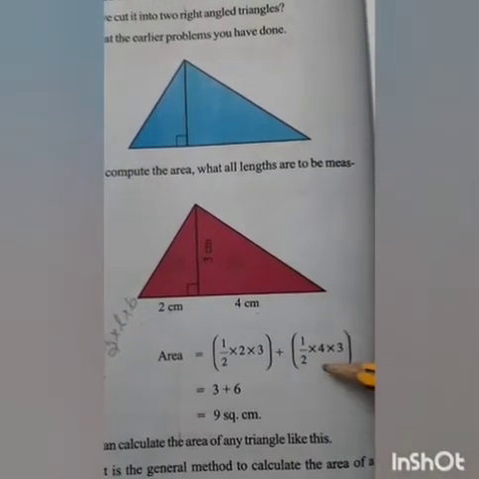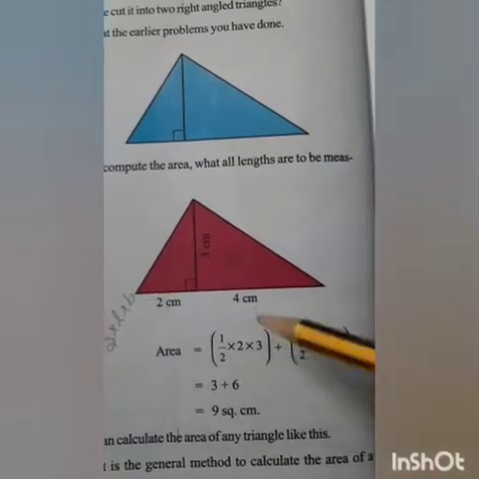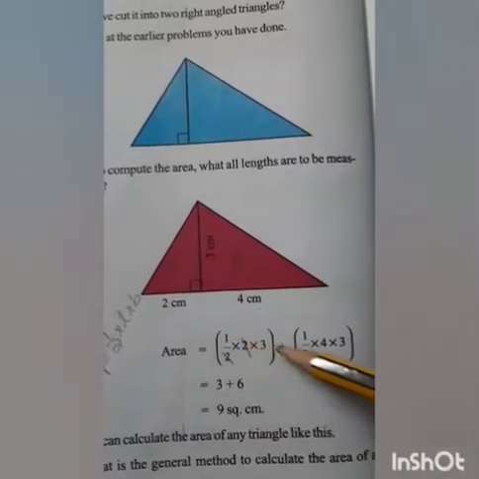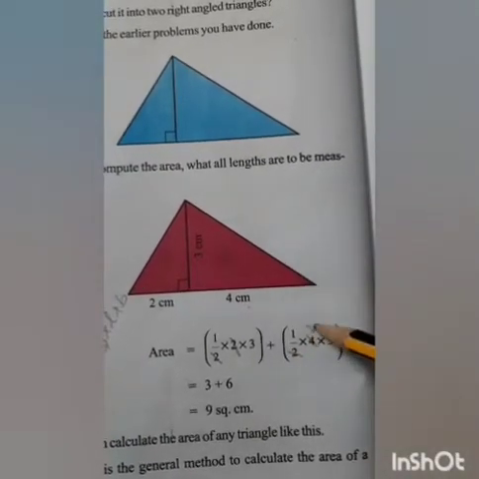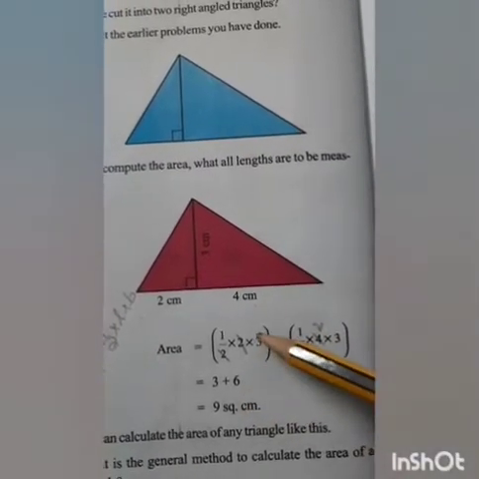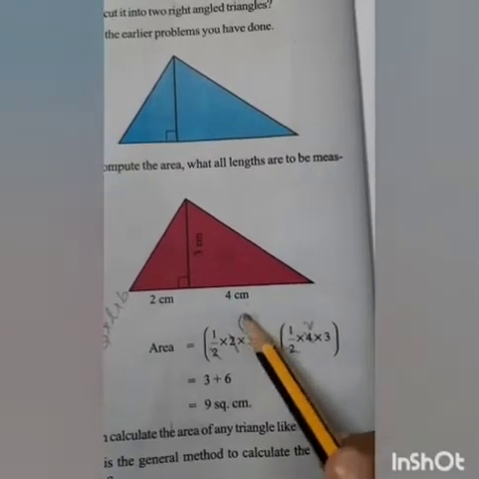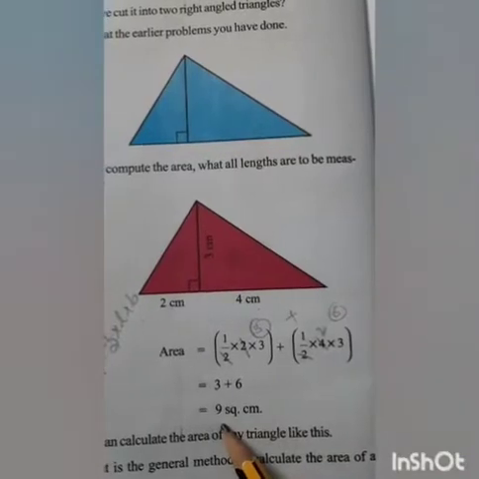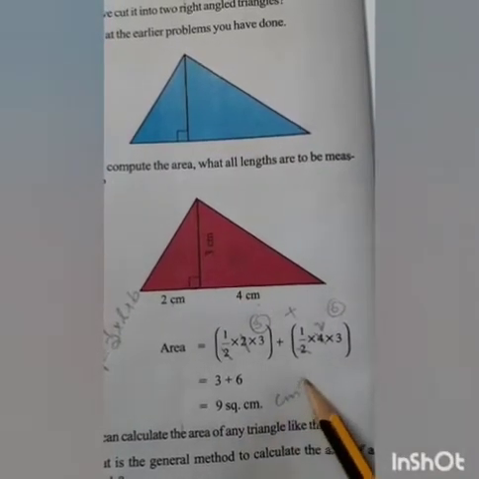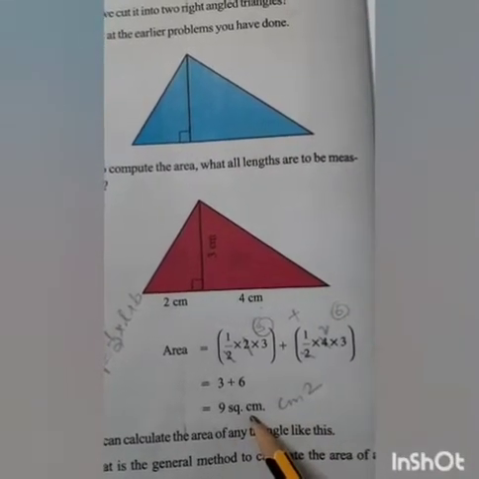So half into 4 into 3. Here the 2 cancels and we get 3. Then 2 and 4 cancel, we get 6. So here we get 3 and here we get 6. So 6 plus 3 is 9 centimeter square, or square centimeter, either you can write.